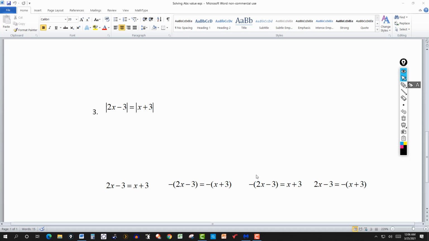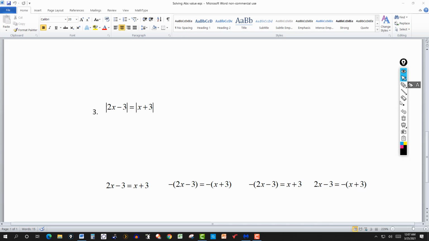Now let's suppose it's the other way around. Let's suppose 2x minus 3 is positive, then the absolute value is 2x minus 3. And if x plus 3 is negative, then the absolute value of x plus 3 over here is minus, in parentheses, x plus 3.